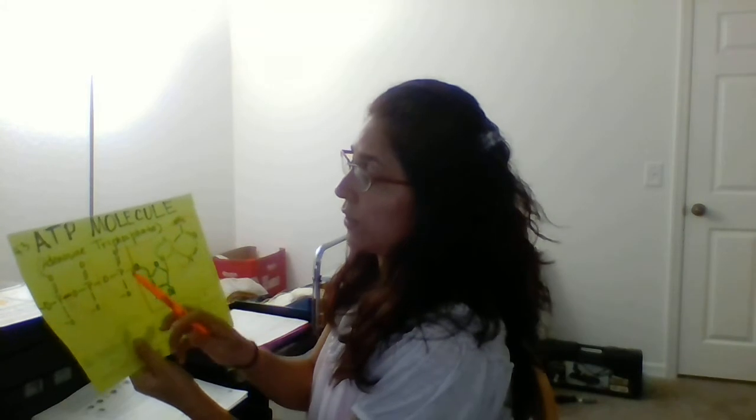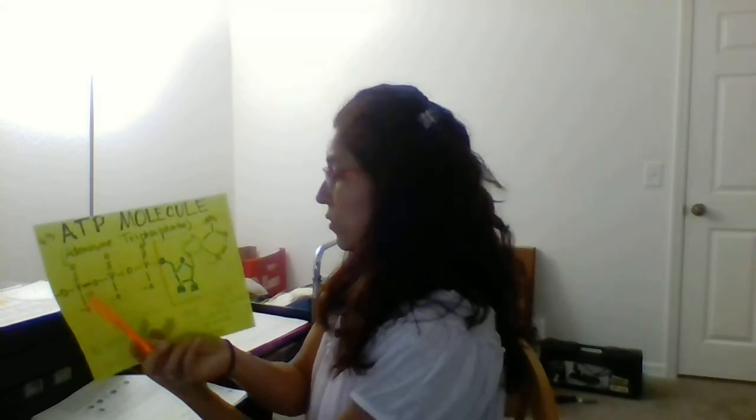Then the triphosphate part will be these three phosphoryl groups here: group number 1, group number 2, and group number 3. And then we have the adenosine right here.